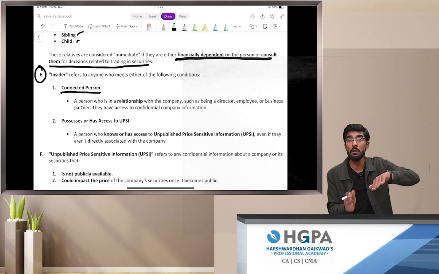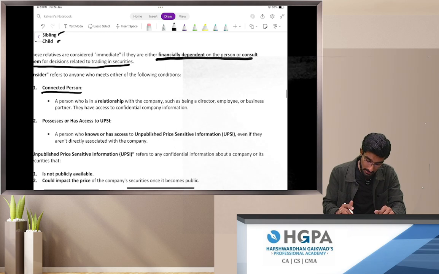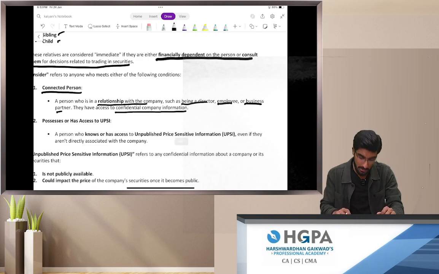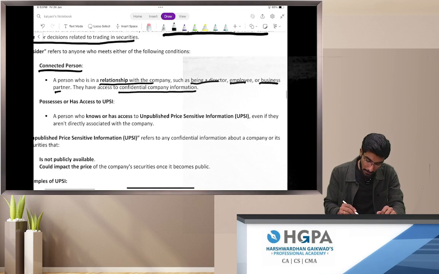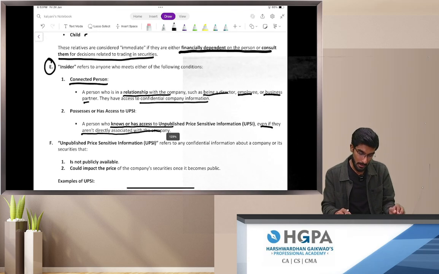Connected person will include connected and deemed to be connected person. A person who is in a relationship with a company, such as being a director, employee, or business partner, they have access to confidential information about the company. A person who knows or has access to UPSI even if they are not directly associated with the company. These people are called as insider.